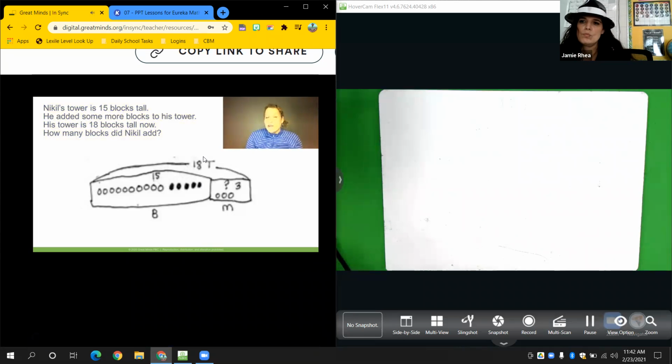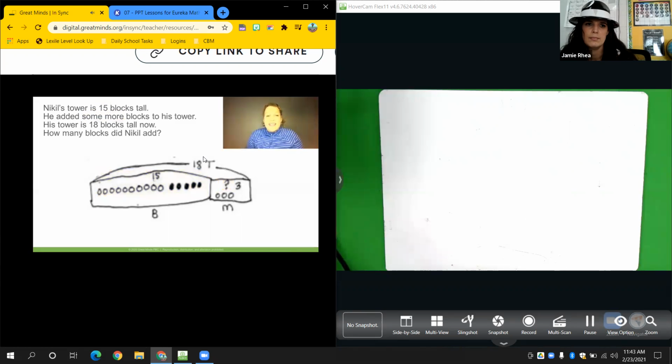We know that this tape diagram matches the story problem because we knew one part of Nikhil's blocks. It was the 15 that he started with. So you can see that in the first part of the tape diagram. We didn't know the second part because it just said he added some more. So the second part is labeled with a question mark at first.